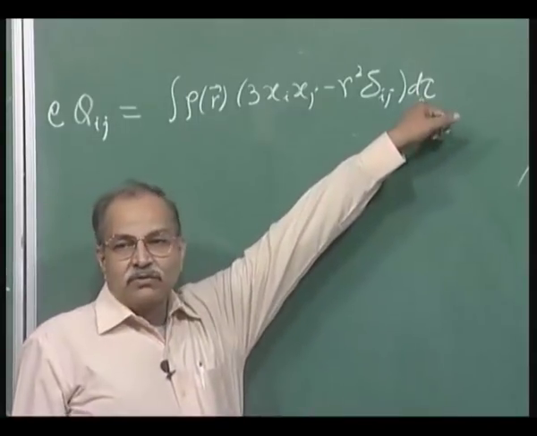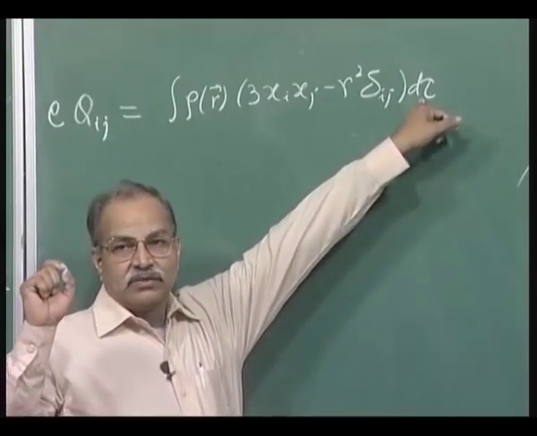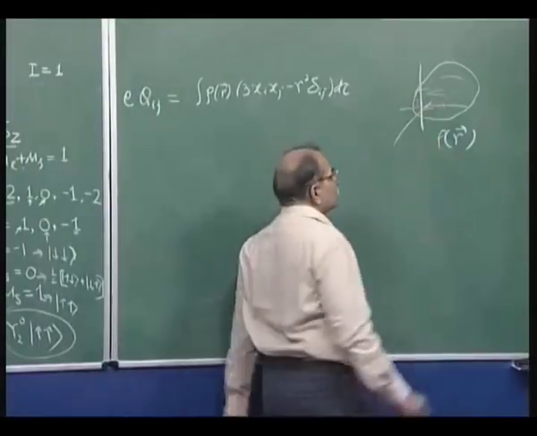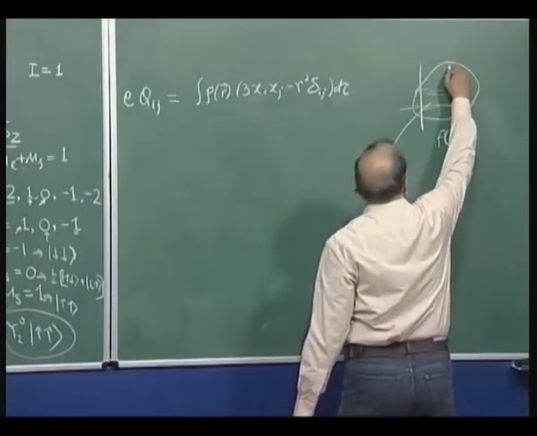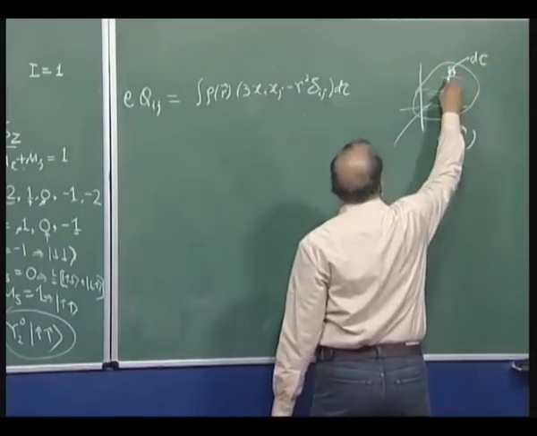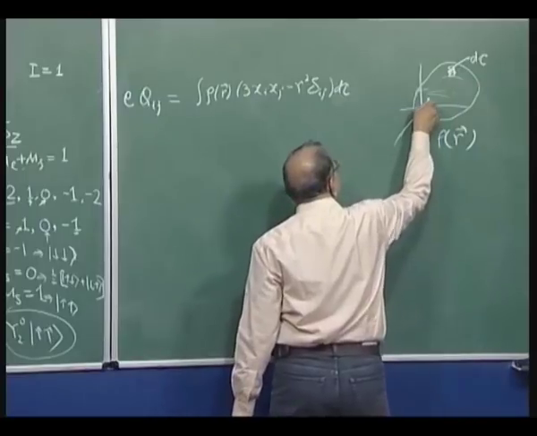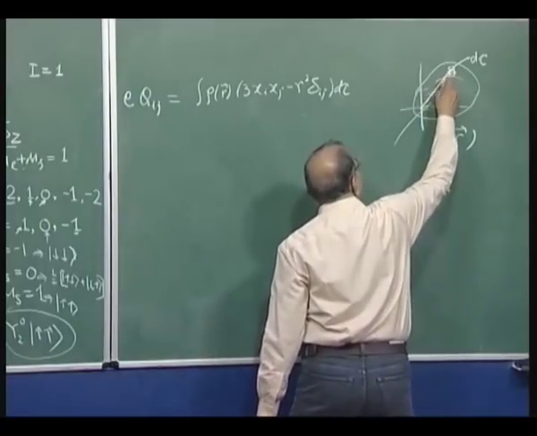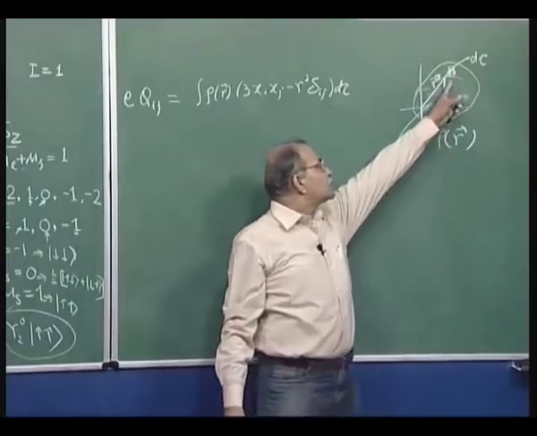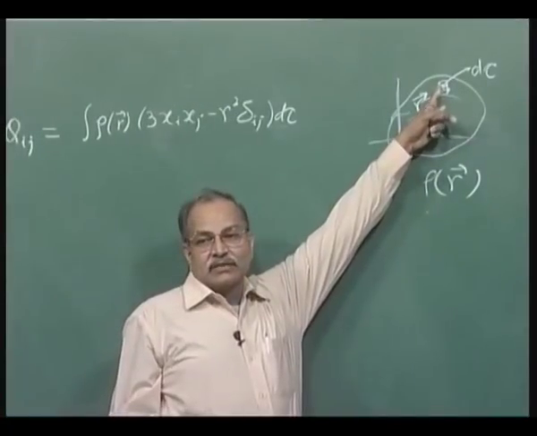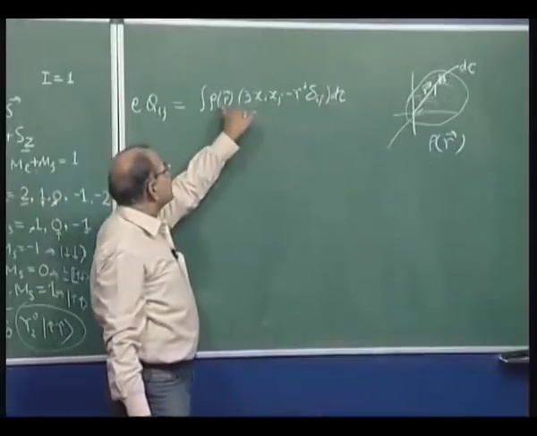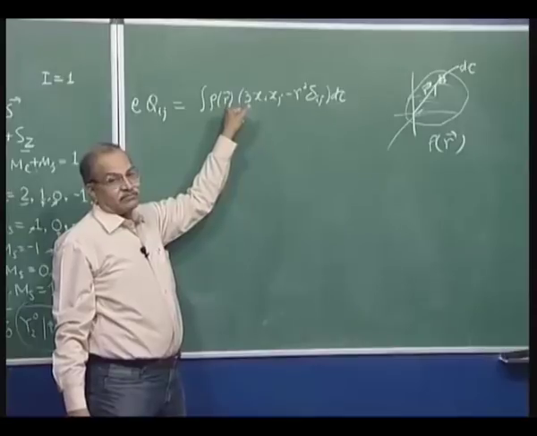What is this d tau? D tau is a small volume element in this distribution. So, take some small volume here and call it d tau. This is where I have taken it, at this position given by this r vector, and the charge density there is rho at r.